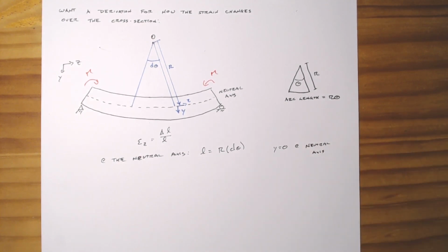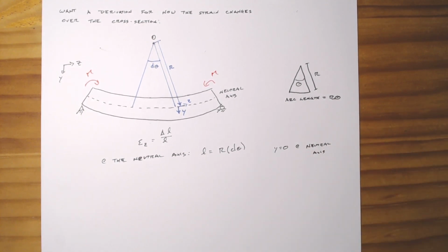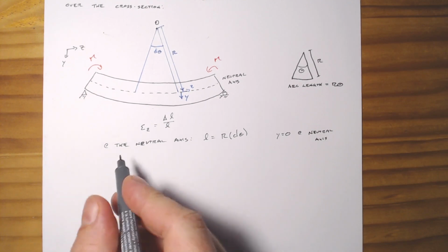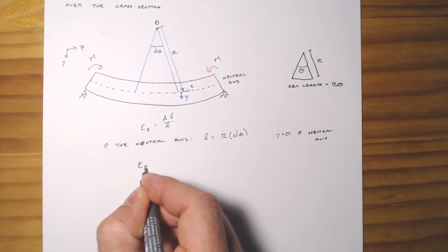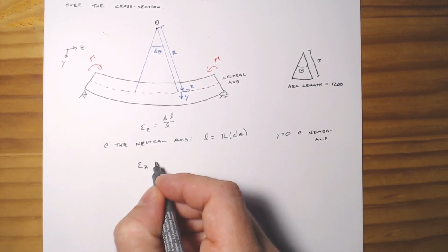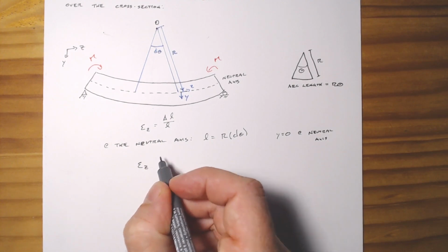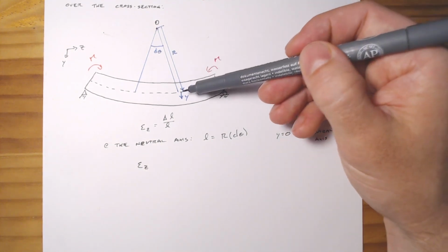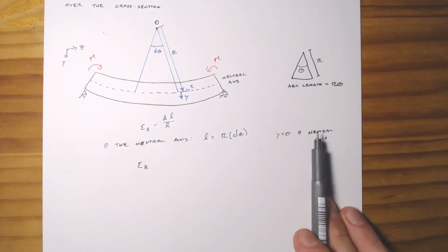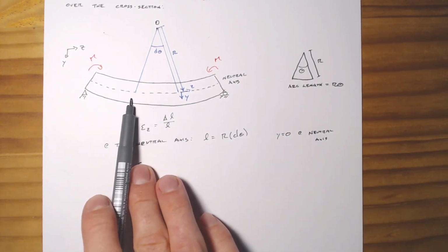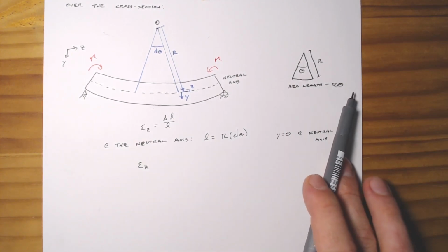And so if what we want to do is find out what our change of length is as we come away, we can set up this equation where the strain along the beam is simply going to be, and now all we're going to do is work out from geometry as we move further away how this arc length changes.